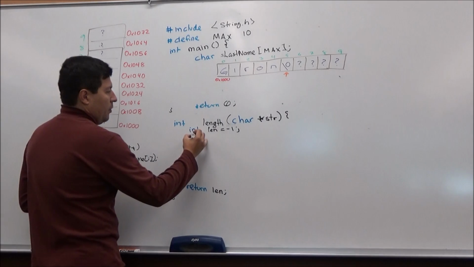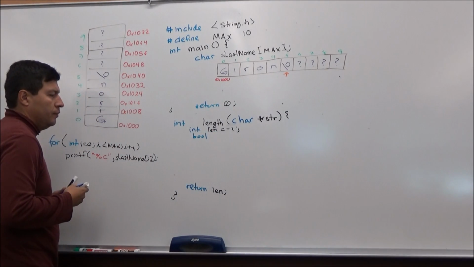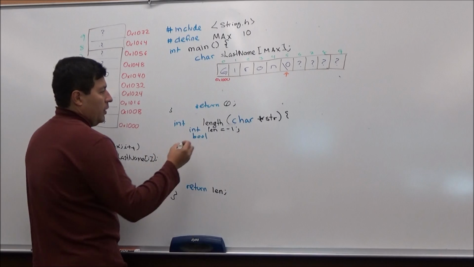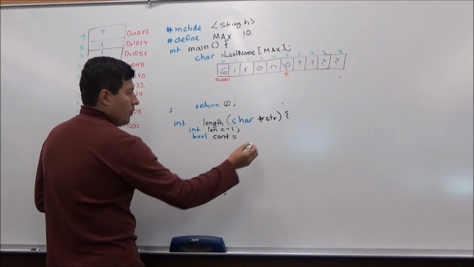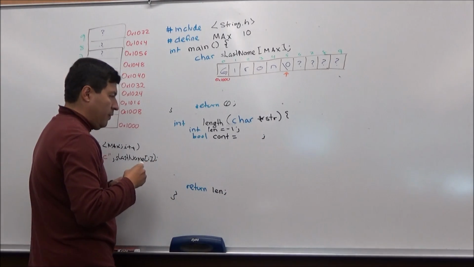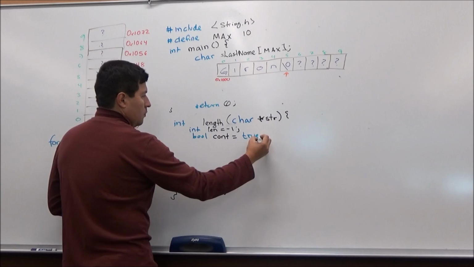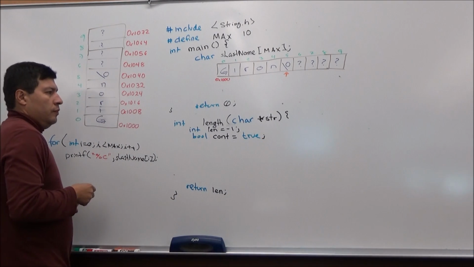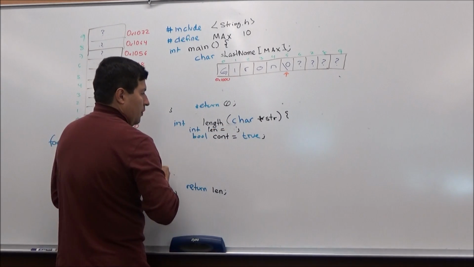Maybe I need another variable. Now I'm going to call this continue maybe, and it's going to have the initial value of true. Well, there's not really negative. Let's put 0 as the initial value.